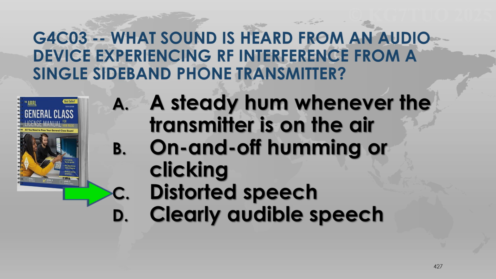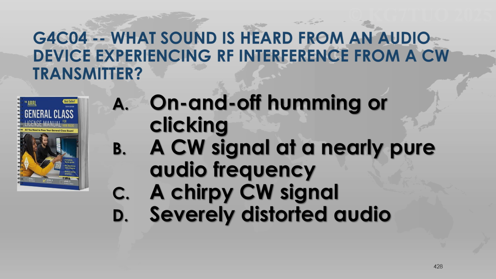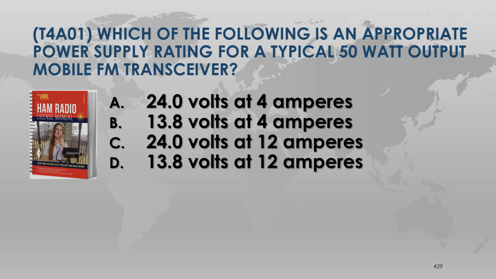It is Charlie. What sound is heard from an audio device experiencing RF interference from a CW transmitter? Alpha. On and off CW.